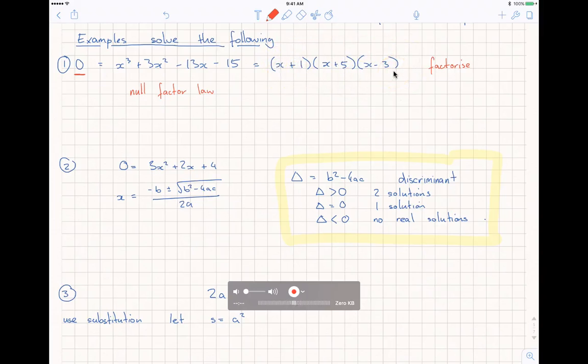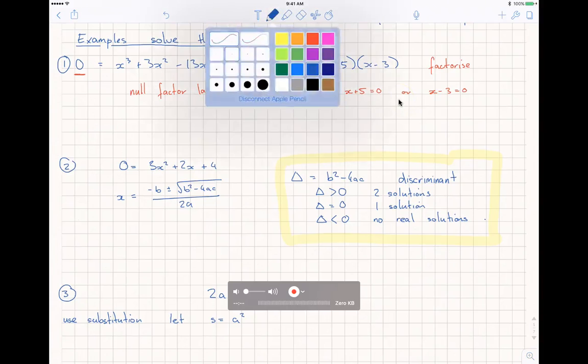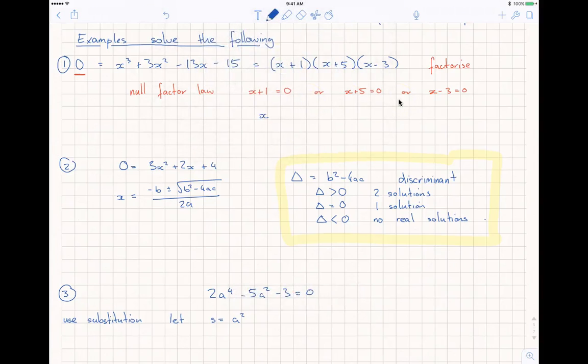So in other words, we've either got x plus 1 must equal 0, or x plus 5 must equal 0, or x minus 3 equals 0. And when we solve each of those individual equations, we get x equals minus 1, x equals minus 5, and x equals positive 3.